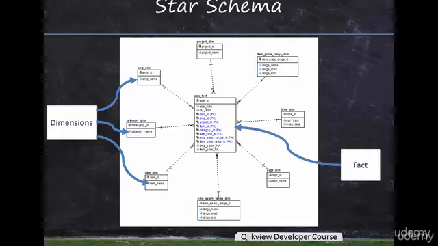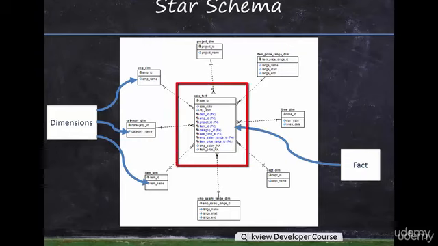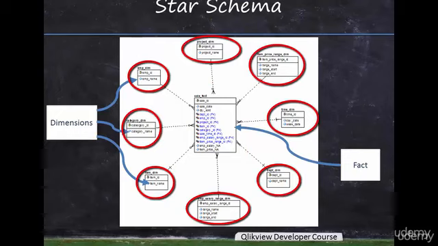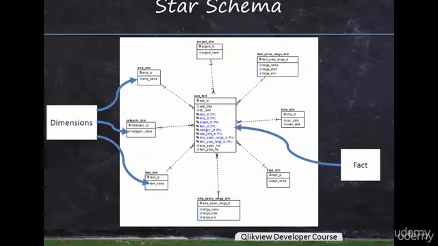Well, a dimensional data model normally contains a star schema. Every star schema has a fact table with a multi-part key and a set of smaller tables surrounding the fact table. And these tables are dimension tables. Each dimension has a primary key that corresponds to one of the foreign keys in the fact table.